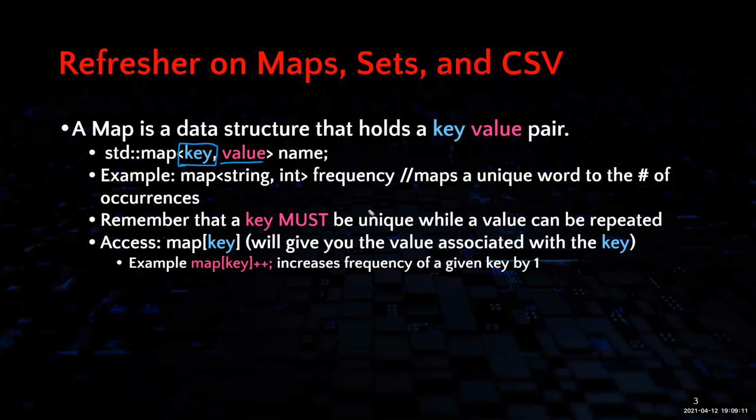A key must be unique again. To access the map, let's say I want to get the frequency of some value, I can access it by doing this: map of key will give me the value associated with that key.